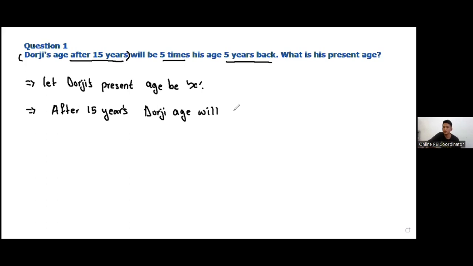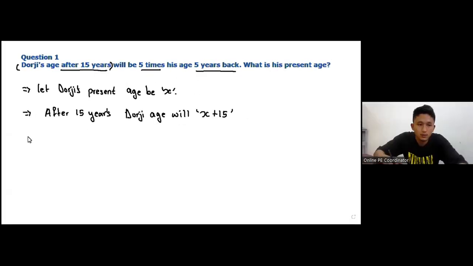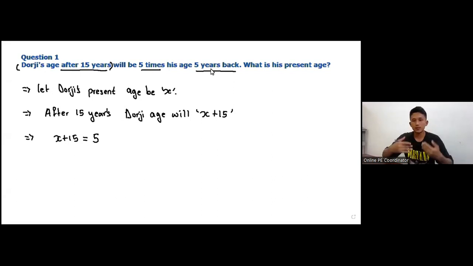His age after 15 years will be 5 times his age 5 years back. So the equation is: Doji's age after 15 years, x plus 15, is equal to 5 times his age 5 years back, the previous age.